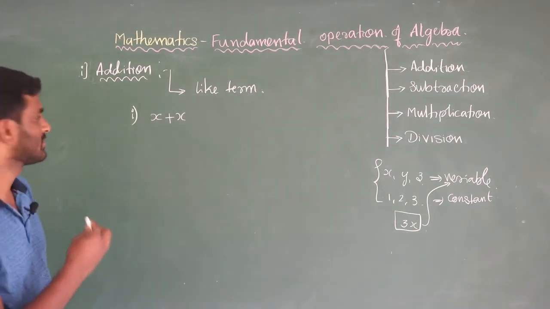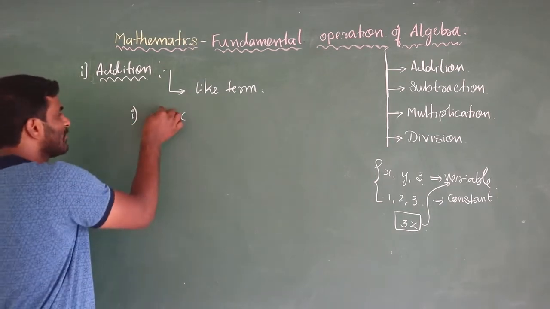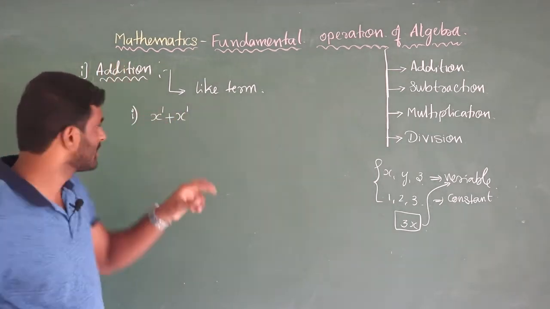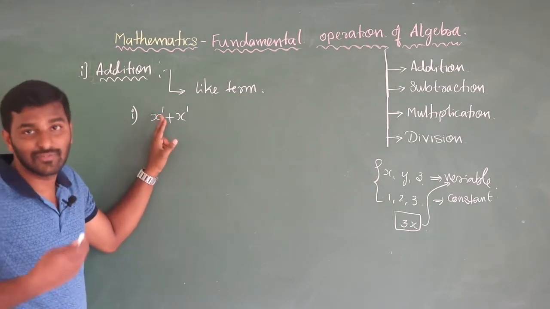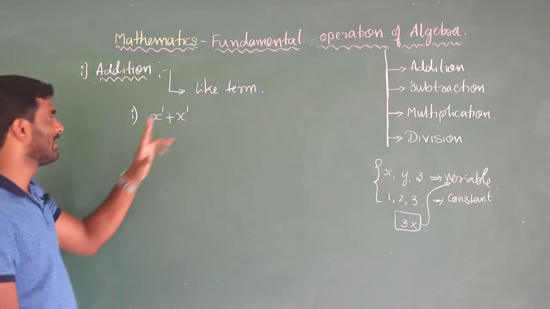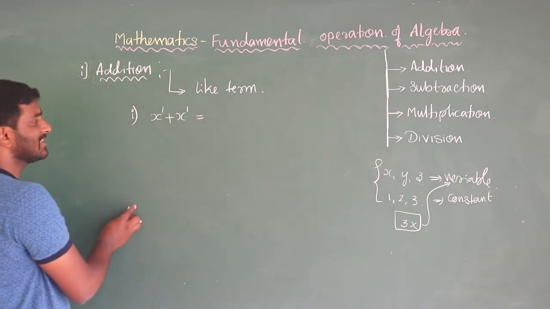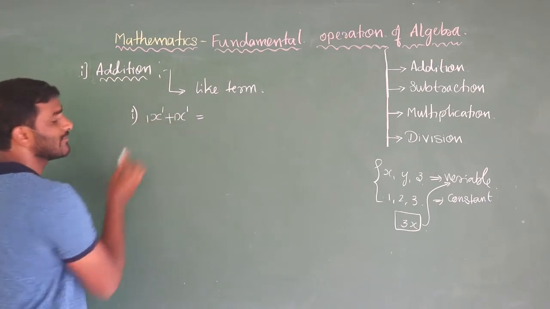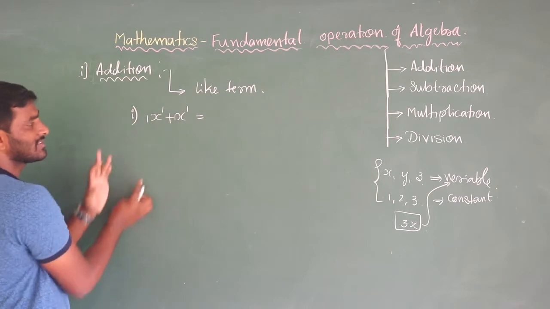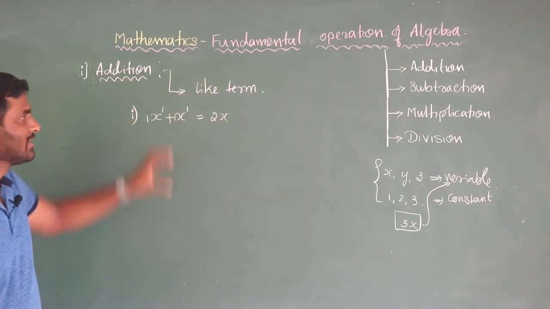The base is the same and so is the exponent, otherwise called the power. It is power 1 and x is the base. We can easily add the coefficients. What is the coefficient of x? It's 1. Coefficient of x is 1, and there's 2 times x. Like that we have to add. These are like terms.